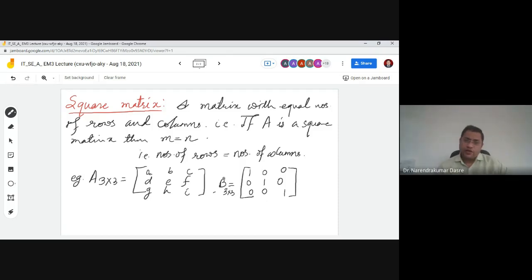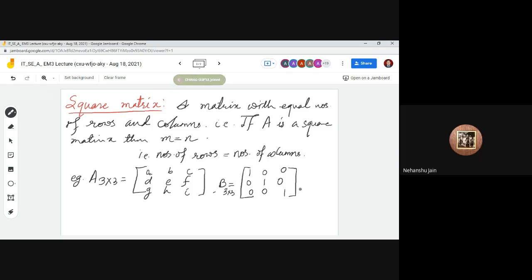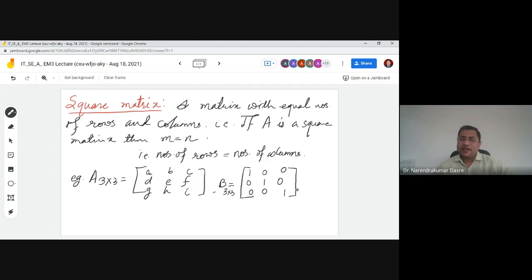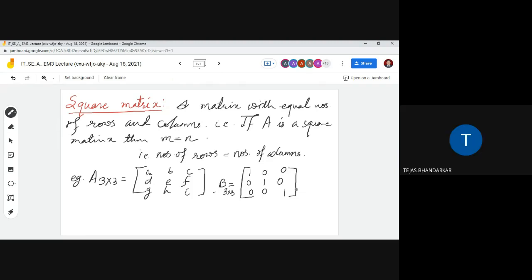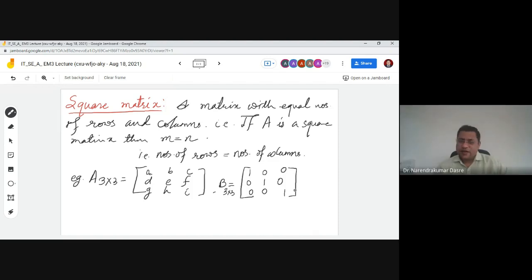Can I say that B is a scalar matrix? Yes. Why can we say that this is a scalar matrix? Diagonal elements are equal. Absolutely correct.